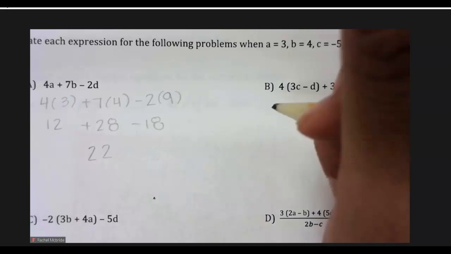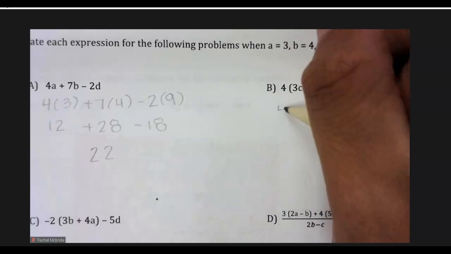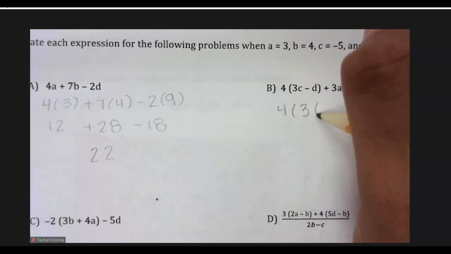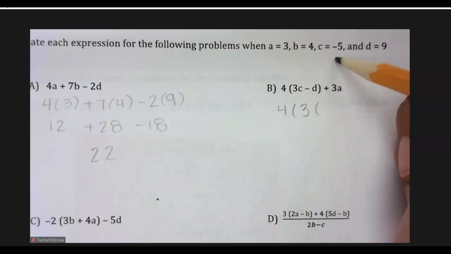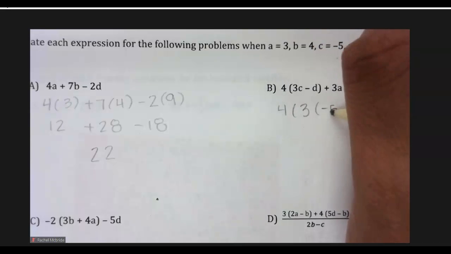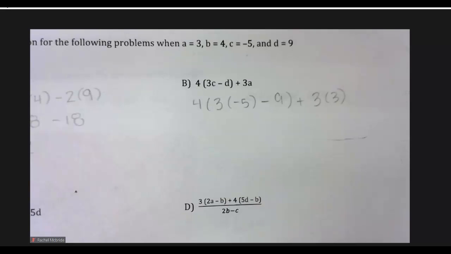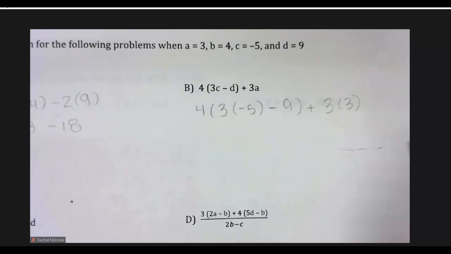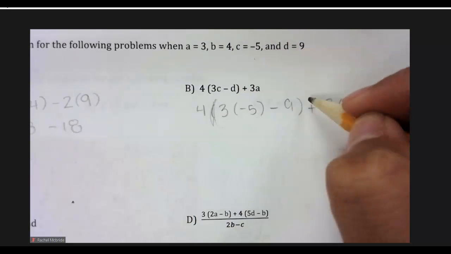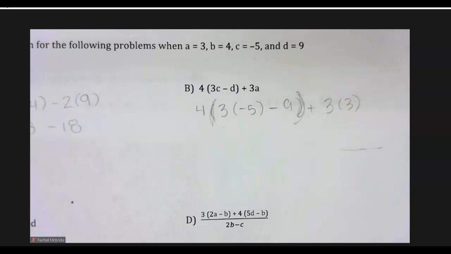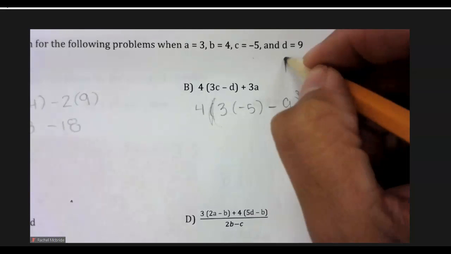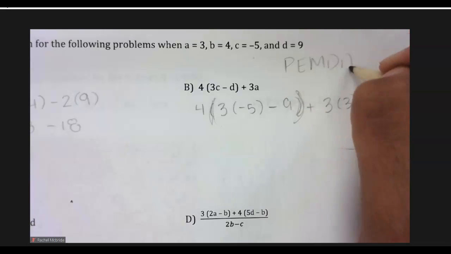Similarly, in example B, we have 4 parentheses 3, you're multiplying times C, which is negative 5, minus D, which is 9, plus 3 times A, which is 3. Work inside the parentheses and order of operations first. So again, it's all about PEMDAS.